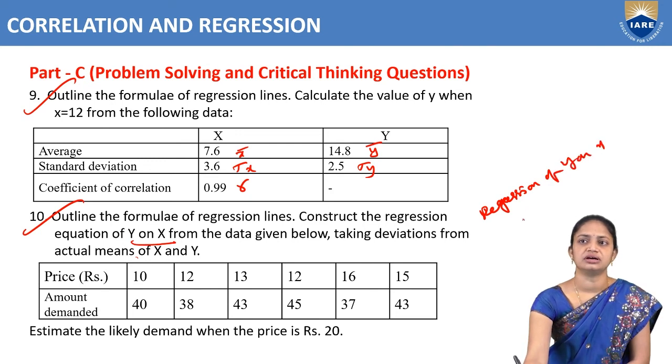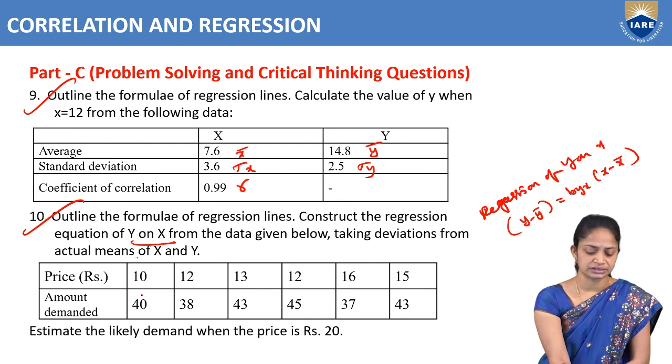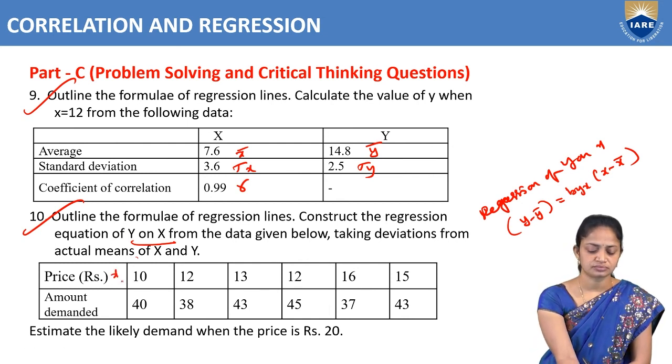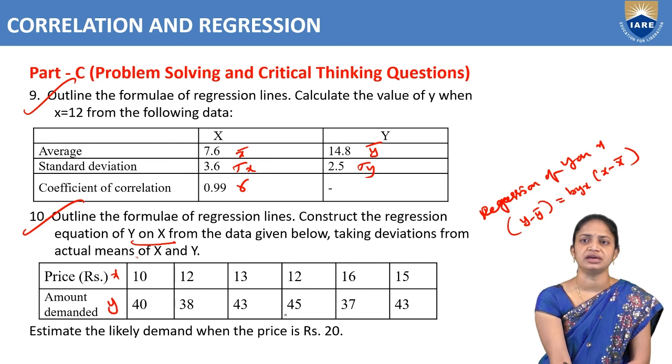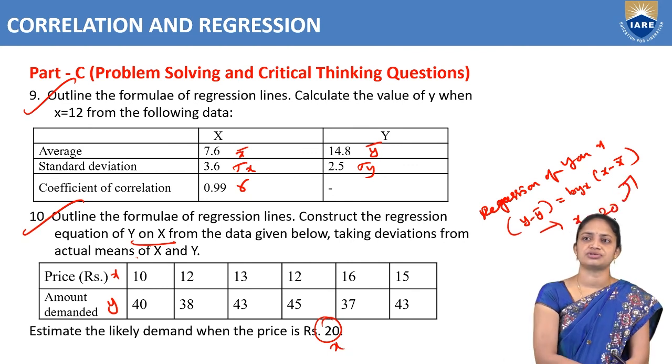Y on x is y minus y bar equal to byx into x minus x bar. So we have to use this formula. Let us consider the price is x and the demand is y. At last we have to substitute x equal to 20 over here after solving this one.